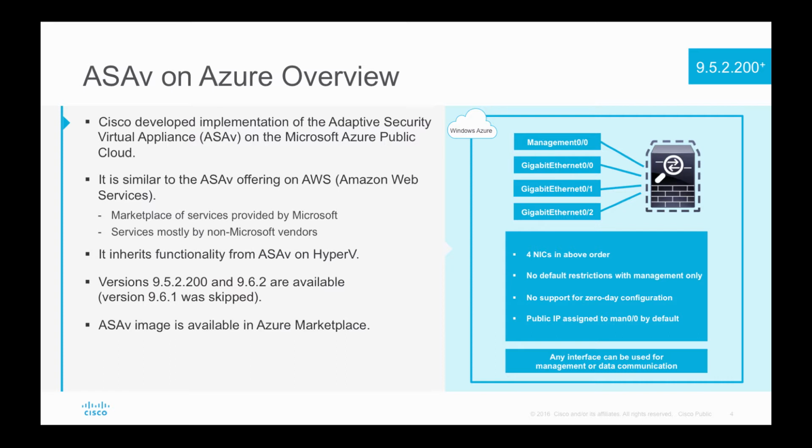You can leverage your CLI, which is similar to ASA running on a physical or virtual appliance, or you can use ASDM. If you already have Cisco Security Manager in your environment, you can leverage it and manage this ASAv.